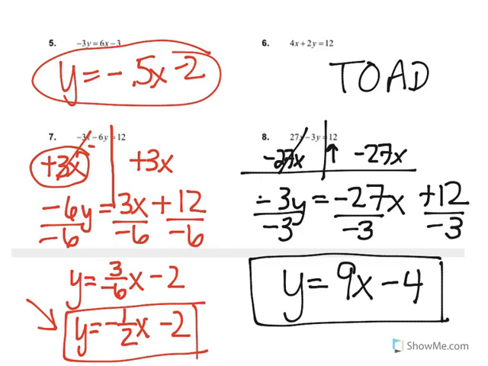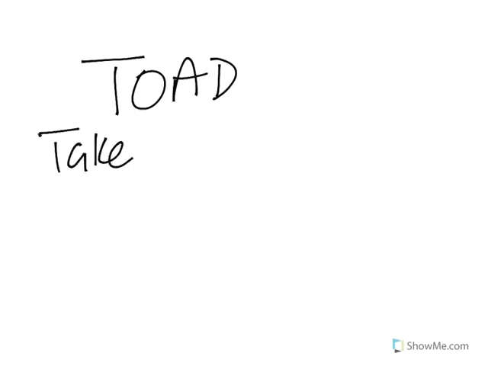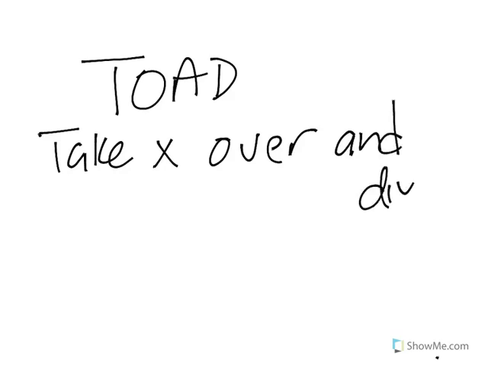So a few things just to remember, to recap. Toad, take the x over and divide. A couple things you want to remember is that when you take the x over, it's easier if you just tuck it in the front.